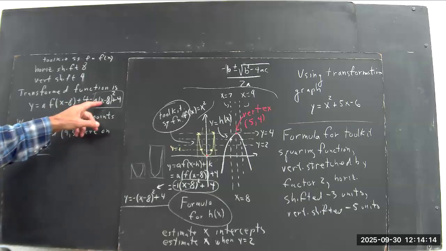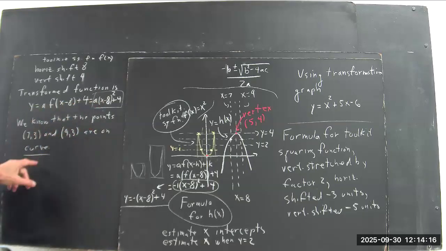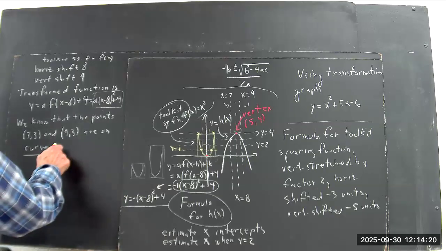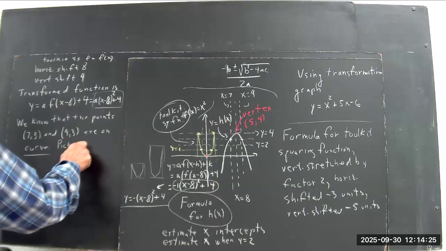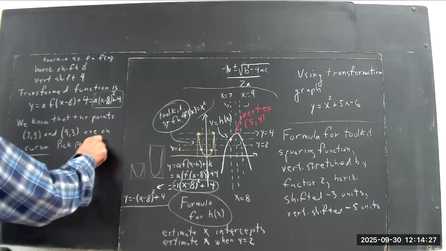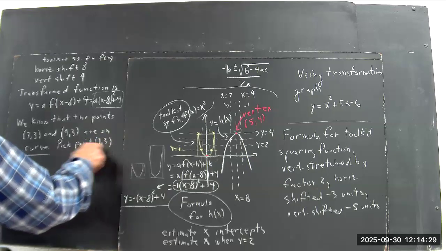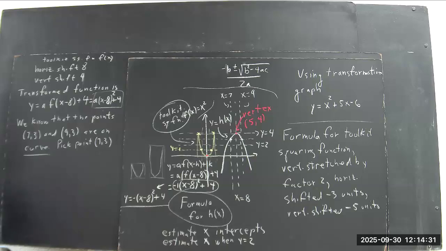If I plug in the values of x and y for a given point, you can pick either point. We're going to pick the point (7, 3).